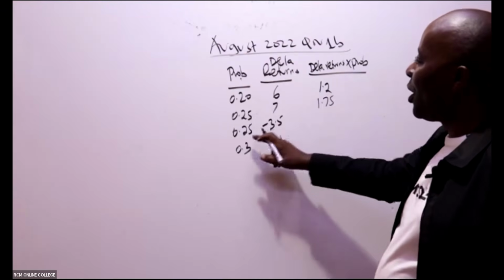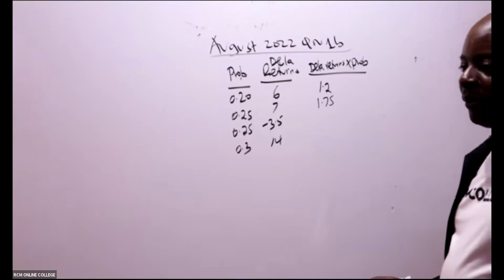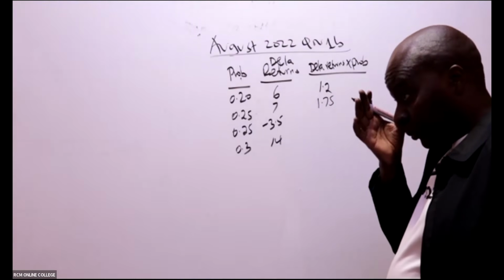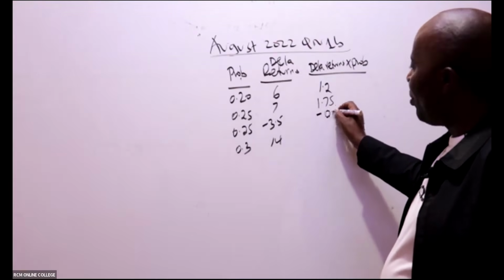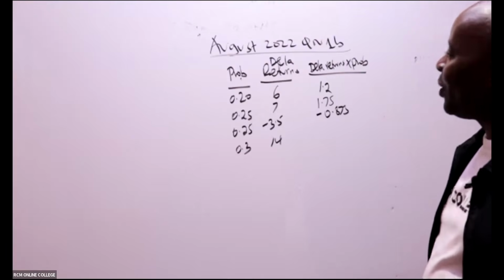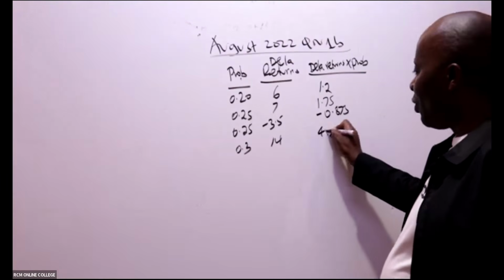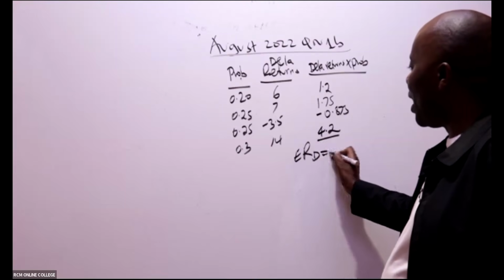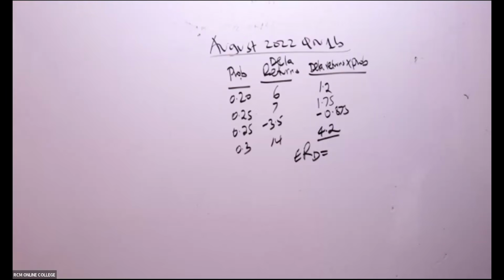Thank you very much. This times this gives me minus 0.875. This times 14 lastly gives us 4.2. So please come here and add this, giving the expected returns of Dela.